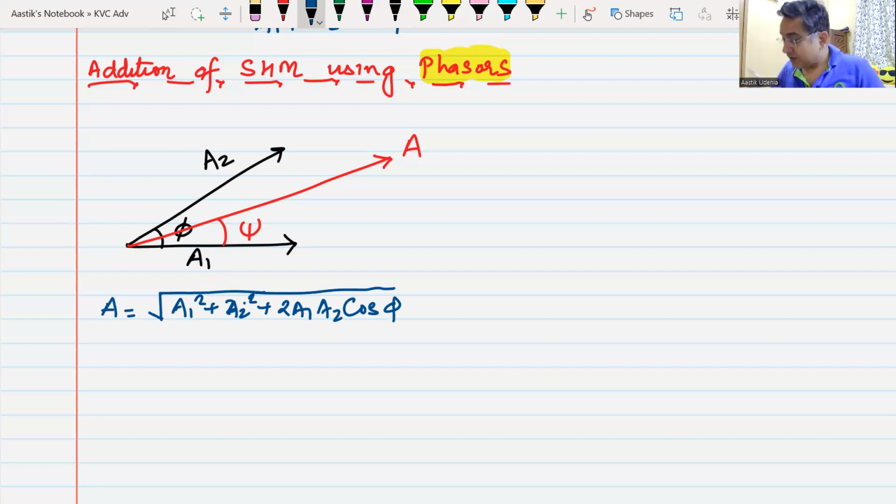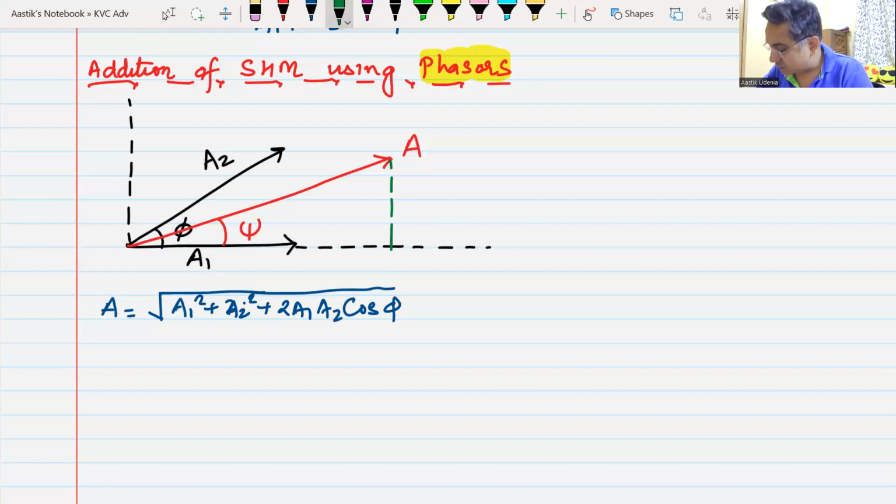Yes, sir. Now, if I talk about this resultant amplitude, it will have two components, one along the x-axis and one along the y-axis. The component along the x-axis, this green component, will be A1 plus A2 cos phi.